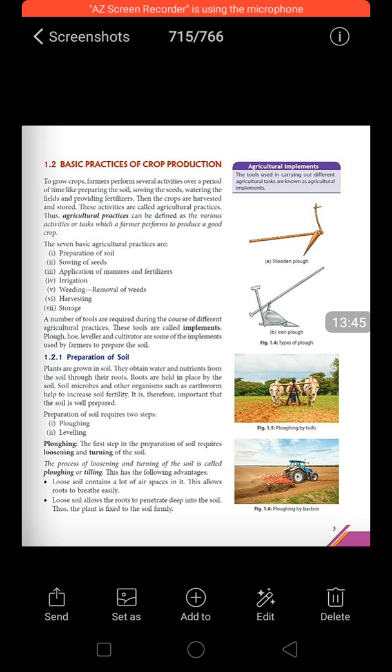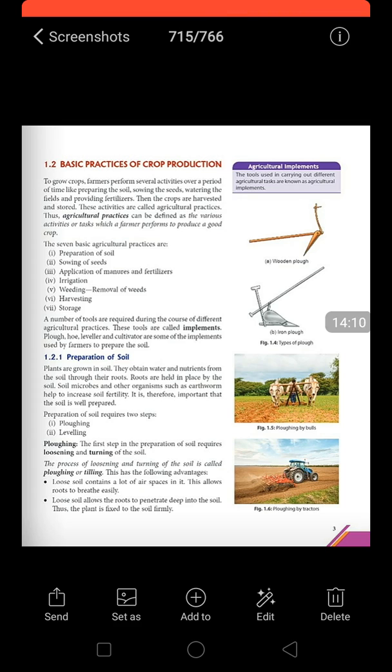Now you have seen cultivators having a number of plows attached to a single machine, and we can plow a field in 1 hour or 2 hours. Earlier they were using these kinds of instruments, and it was very time consuming. Nowadays we have very good machines, cultivators, that can plow our field within a few hours. So what is plowing?